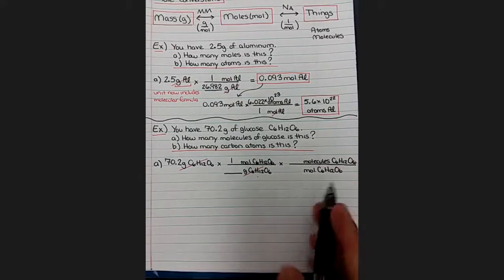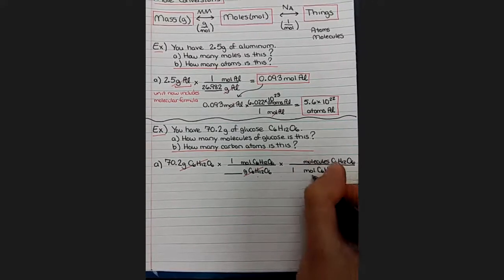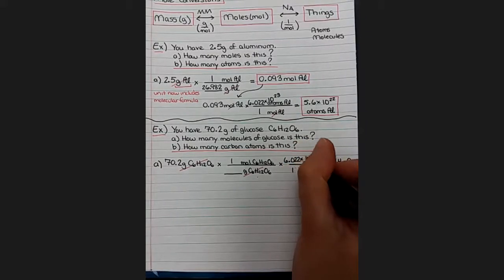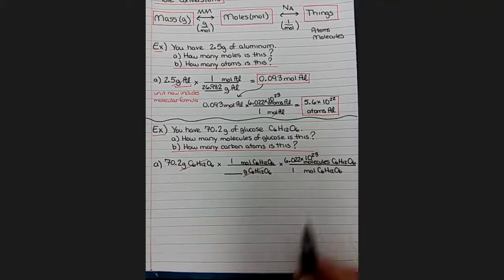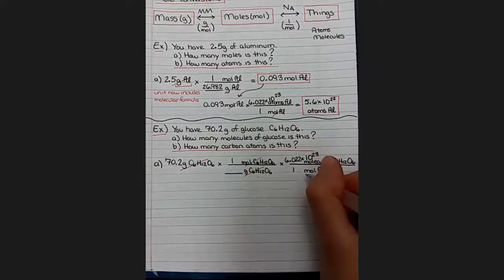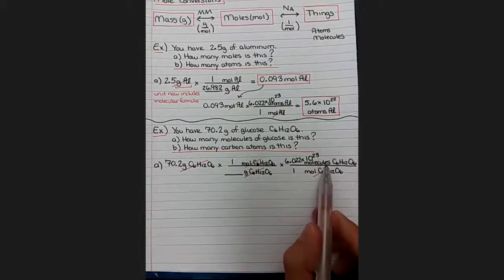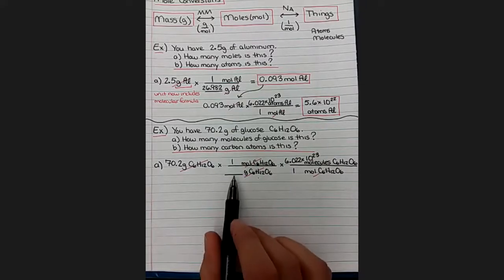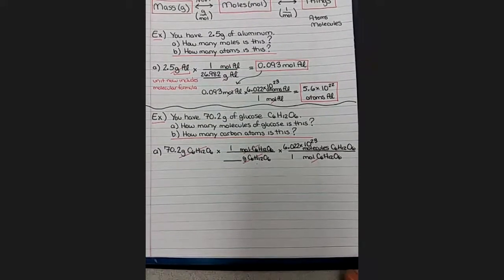Okay, and Avogadro's number is 1 mole of something is 6.022 times 10 to the 23rd things, in this case, molecules. And moles of glucose will cancel with moles of glucose, and we will end up with molecules of glucose. So that part is set, but we still have this blank that we left here for the molar mass.